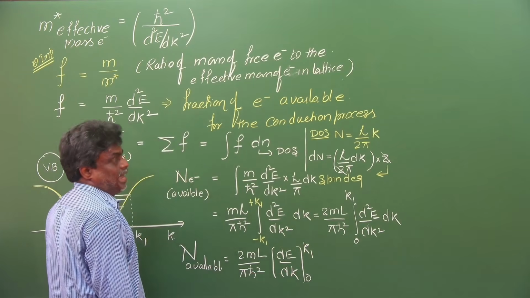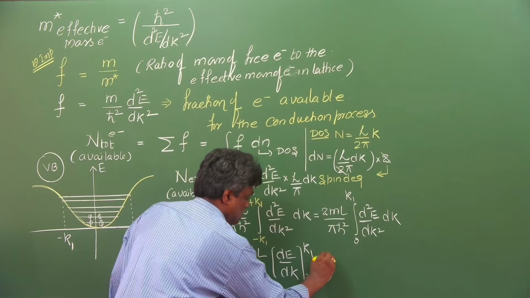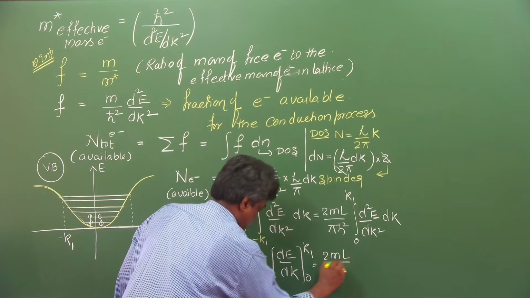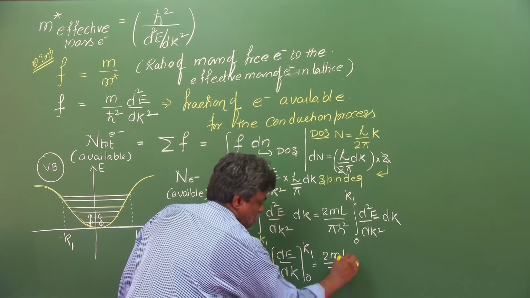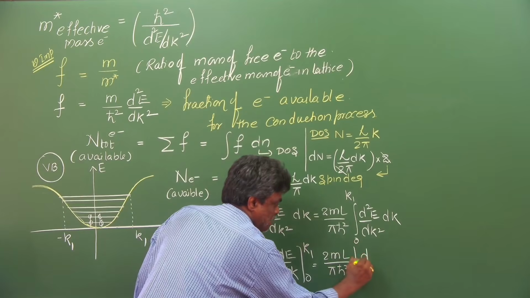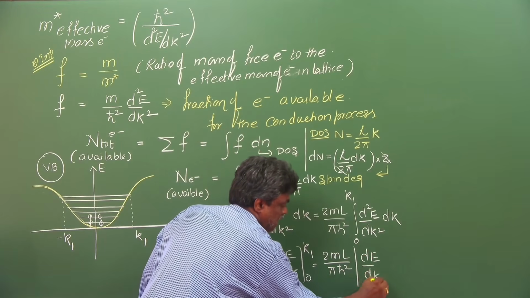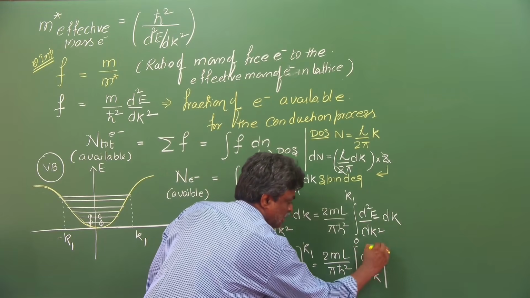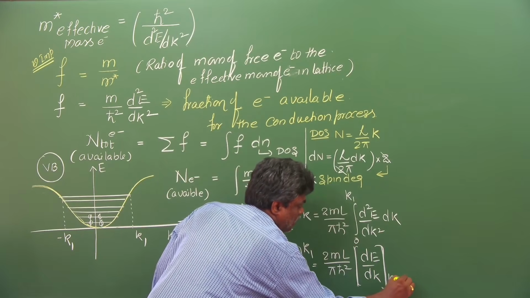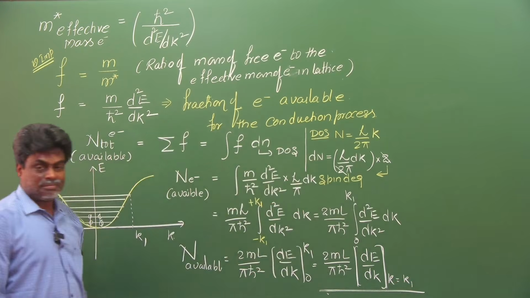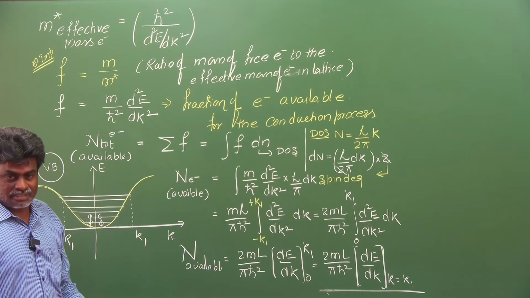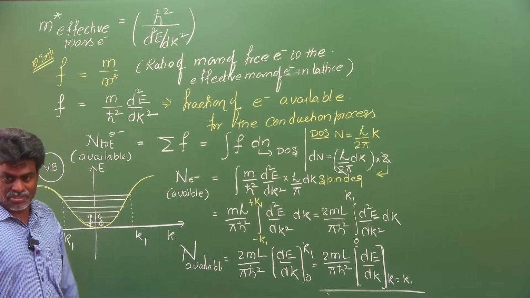So it's simply 2mL by πħ² dE by dk, where you substitute k equal to k1. The lower limit is 0.